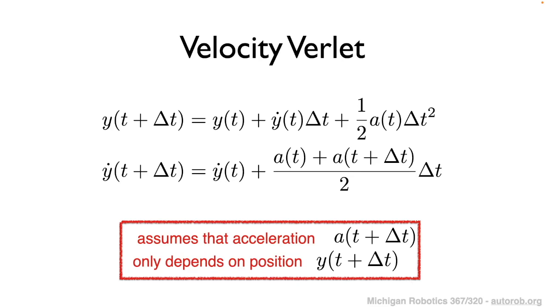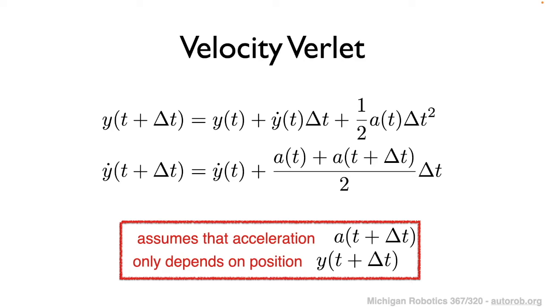Once again, I'll point out that this integrator uses a discretization of time, and for notational purposes, the variable y could be defining the angle of the pendulum, and y dot would be defining the velocity of the pendulum.